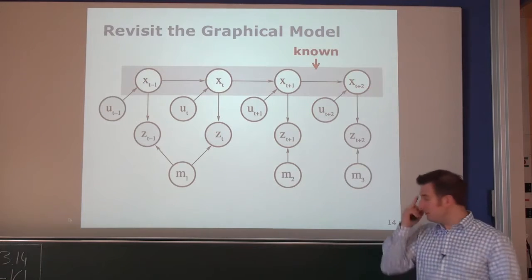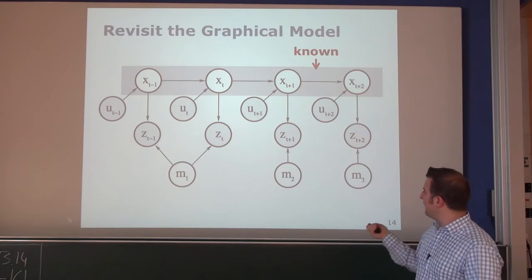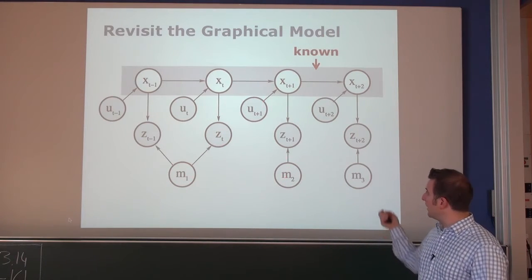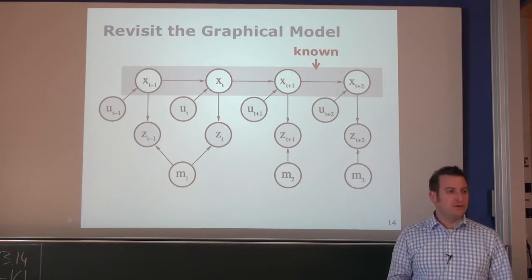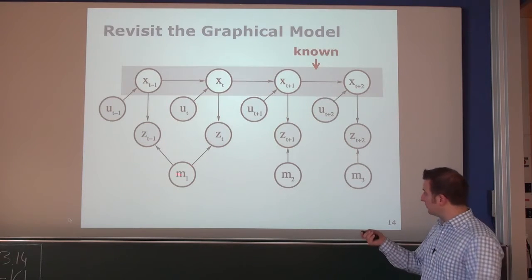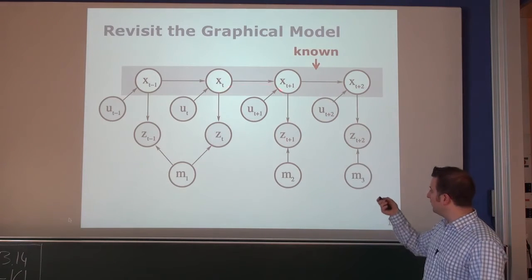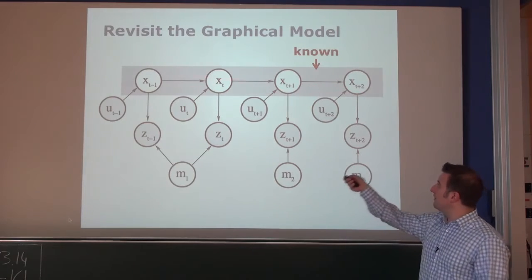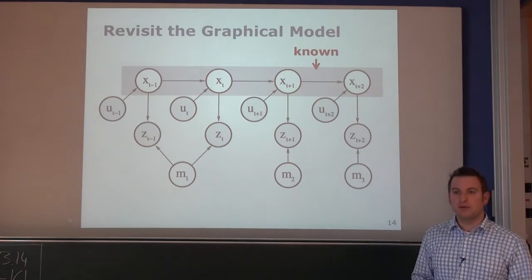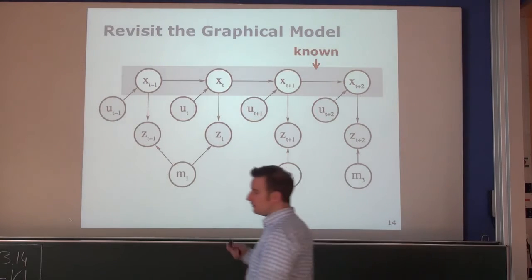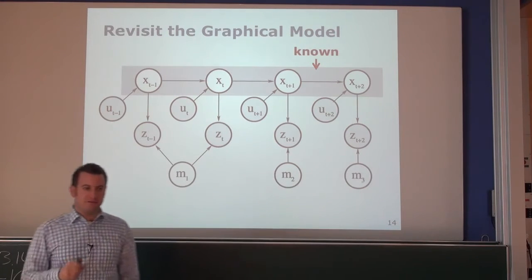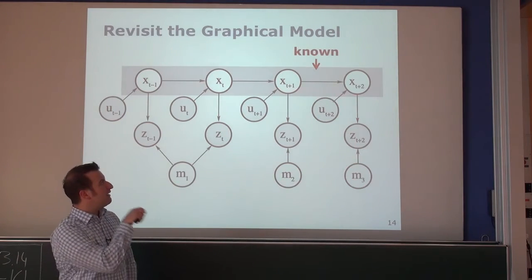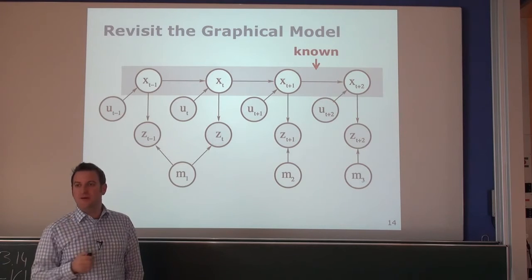As a result of that, you can't find any path from any landmark to another landmark which doesn't go through these known variables. There's no way to reach from M1 to M2, or from M2 to M3, or from M3 to M1, without passing through these known poses. And if this is the case, these variables are independent of each other. So these landmarks are all independent of each other, given we know the poses of the system.